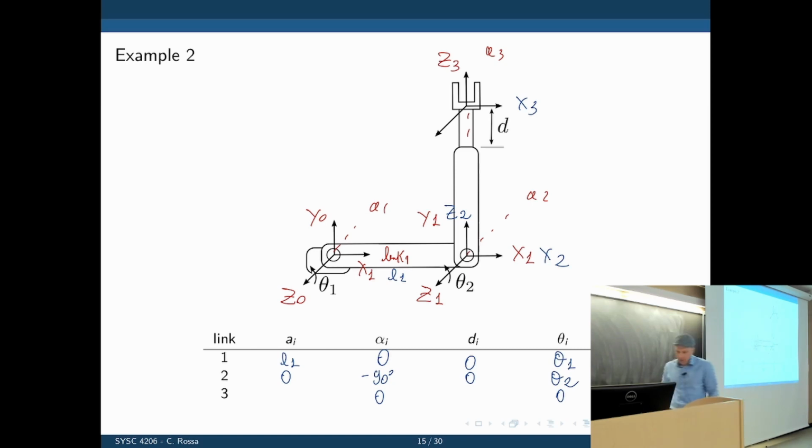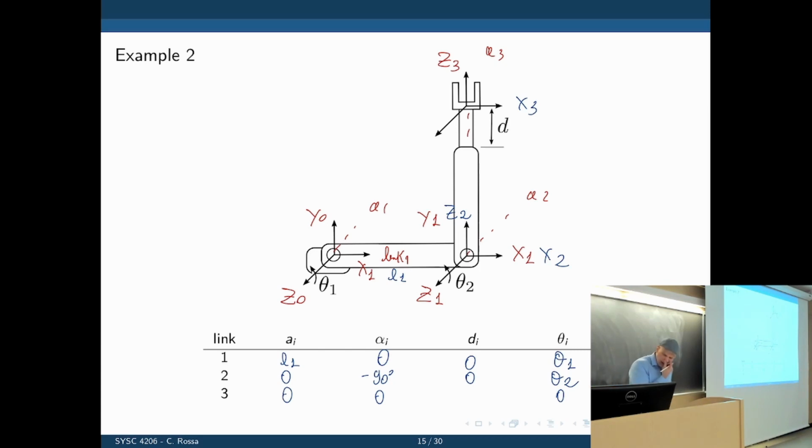What is a_i now? a_i is the translation of the z-axis with respect to x. Is the z-axis, z3, translated along x? No. So that is 0.